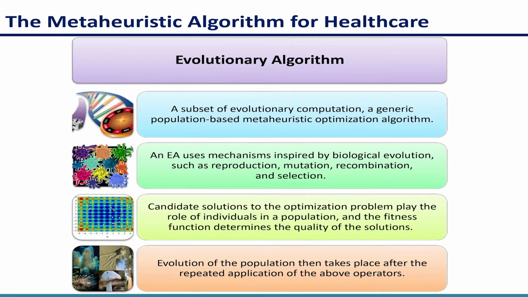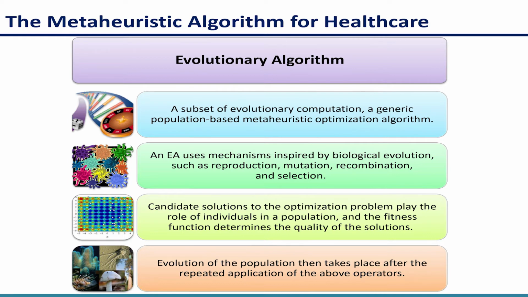An EA uses mechanisms inspired by biological evolution such as reproduction, mutation, recombination and selection. Candidate solutions to the optimization problem play the role of individuals in the population, and the fitness function determines the quality of the solutions.